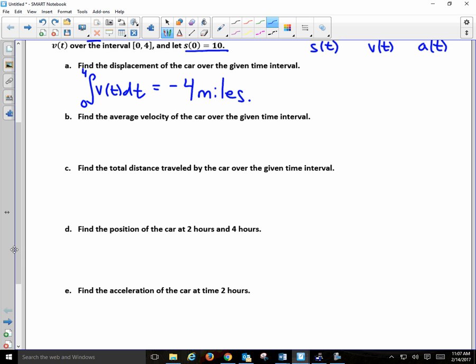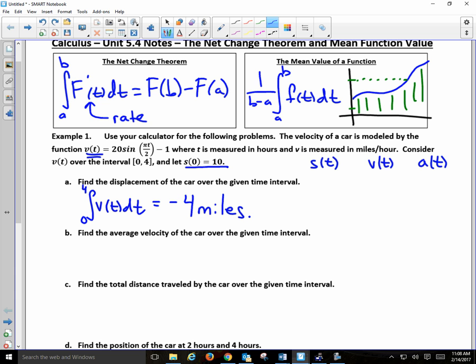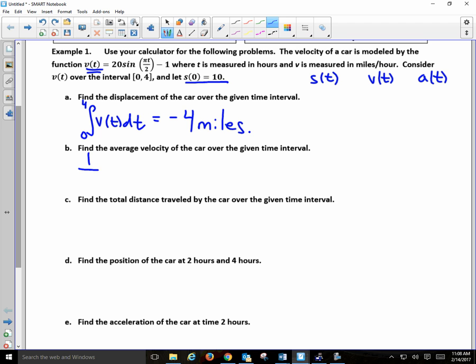Okay. All right, the average velocity of the car over the given time interval. This is a new question for us. Average velocity. Well, this is the velocity function, right? I want to know the average value of that function. We go 1 over 4 because that's the width of the interval, from 0 to 4 of v of t dt.